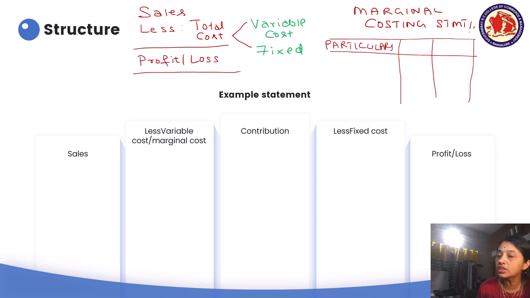If you know how many units were manufactured, then you can calculate cost per unit, and this will be the total cost. Alright, so we start with sales. From sales, if you subtract variable cost, you get contribution.